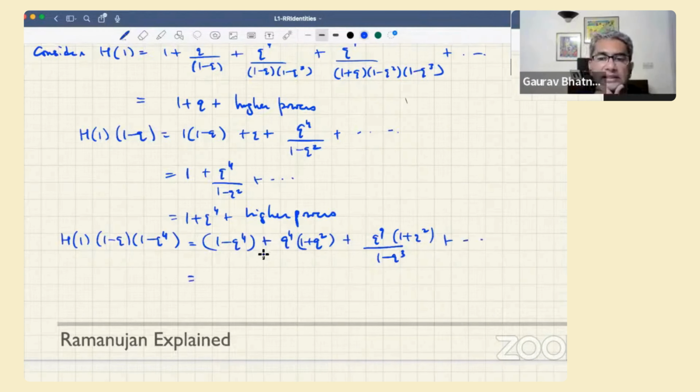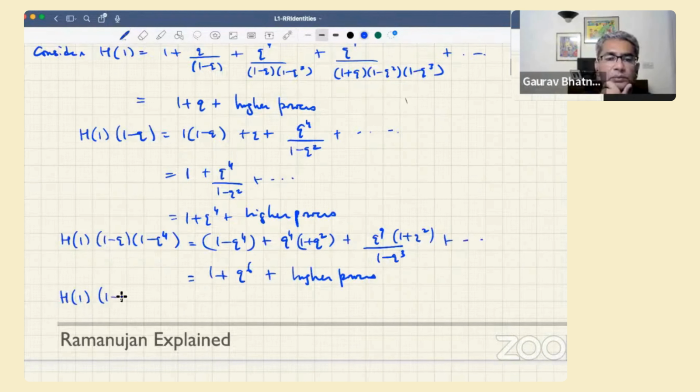So again, this is 1 plus Q raised power 6 plus higher power. So next term I'll multiply is, what should I multiply by? I should multiply by 1 minus Q raised power 6.